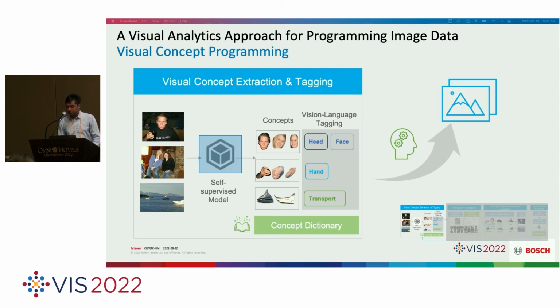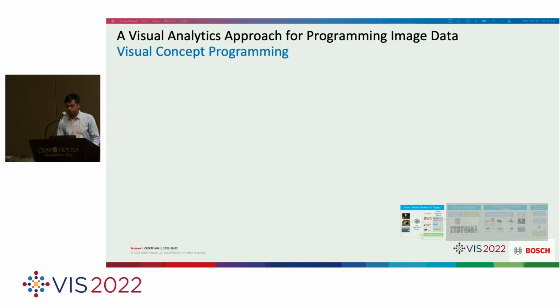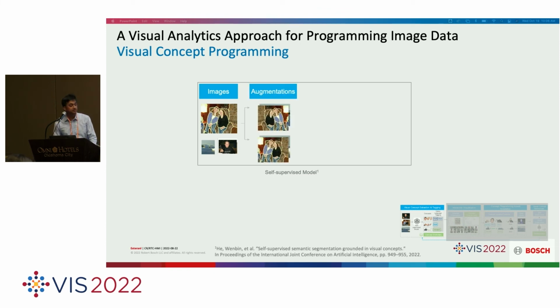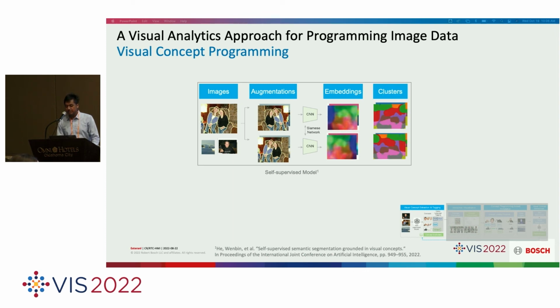Let's now look in more detail at our self-supervised model. The model is trained on input images that are roughly segmented with an edge detection method. The model consists of two CNNs which use a contrastive loss function to generate pixel embeddings. The embeddings are then grouped together to generate segments.